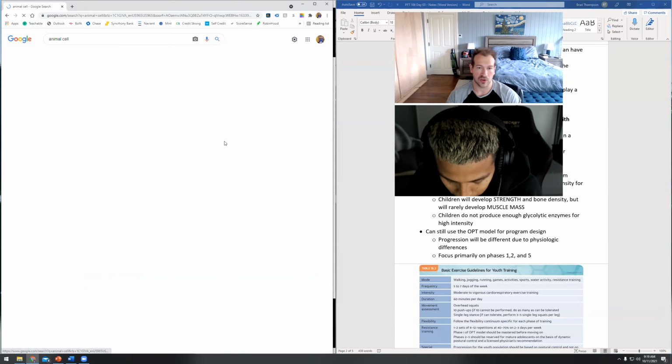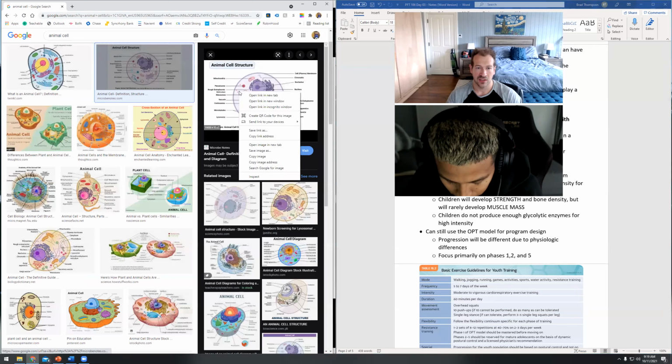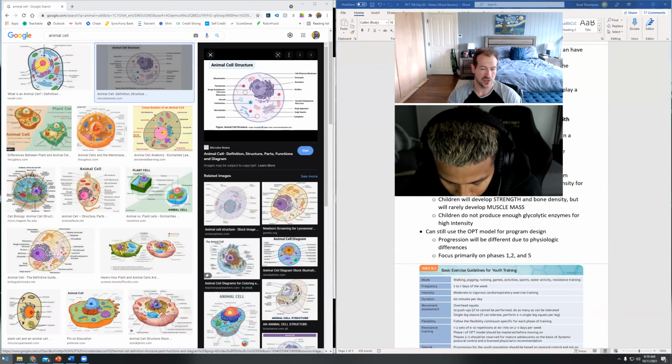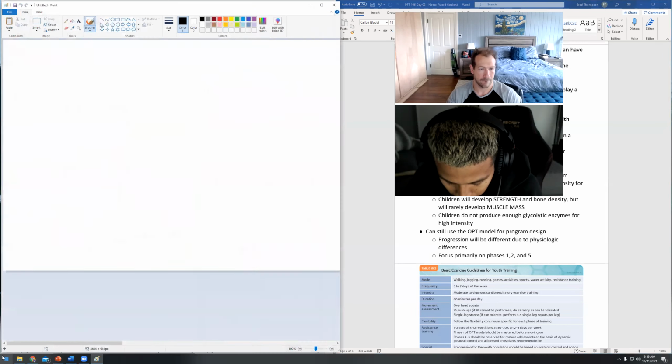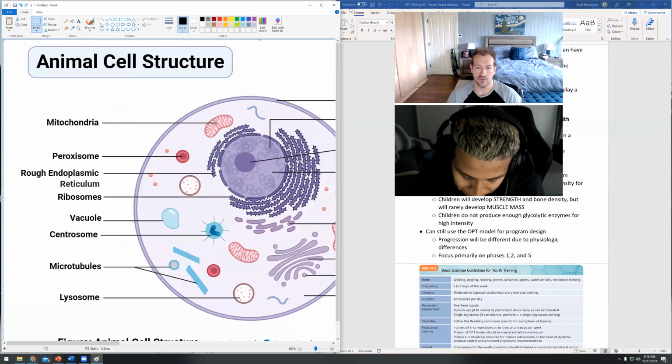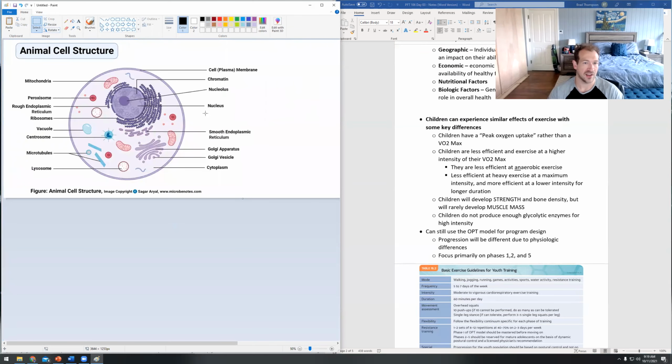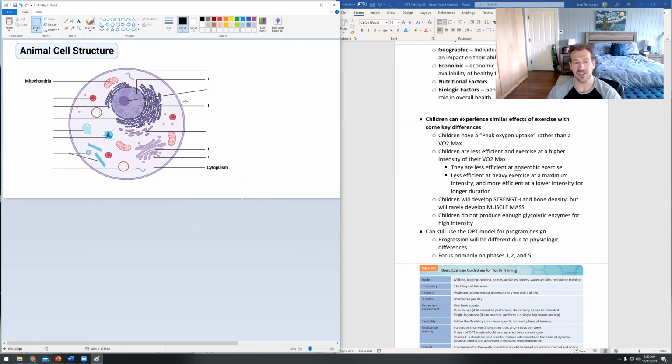If we look at your classic animal cell here, and I'm just going to copy this image and delete most of this. Obviously there's a lot of structures in here. Kids are going to have totally normal cells.